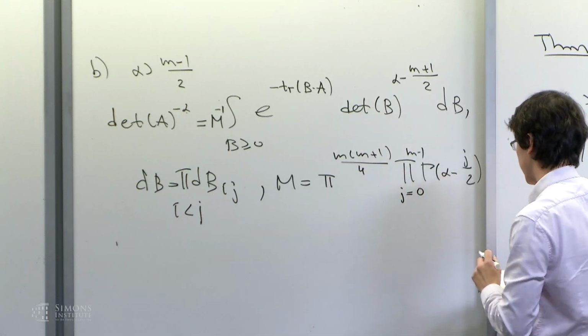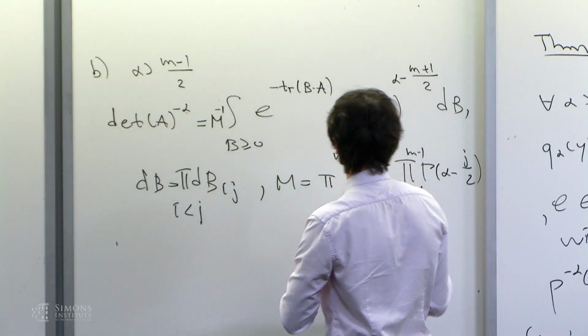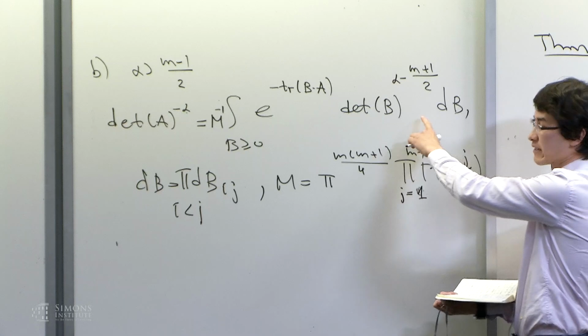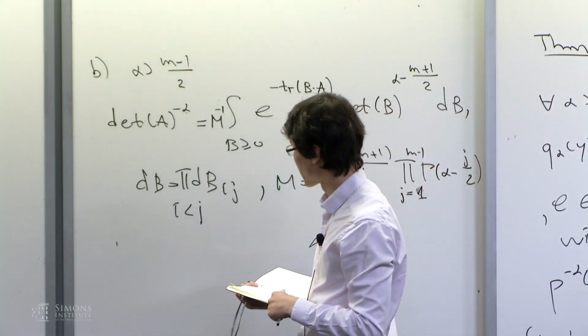And this function is now a well-defined function, so it's a continuous function. You can make sure it's actually a smooth function in the interior of the positive semi-definite cone.